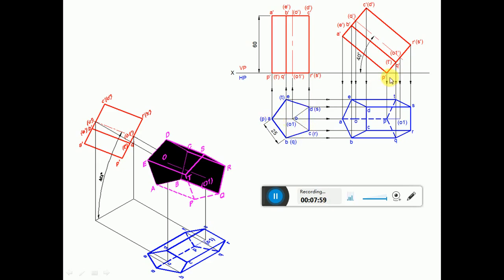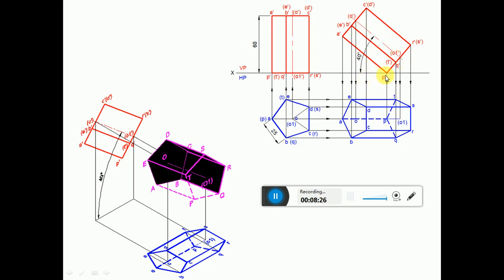Since it is resting on a corner, we are going to put P dash on the XY line, and since the axis O dash O1 dash and the edge A dash P dash are parallel to each other, when you rotate, A dash P dash is inclined at an angle of 40 degrees. So obviously O dash O1 dash also makes an angle of 40 degrees with respect to HP.